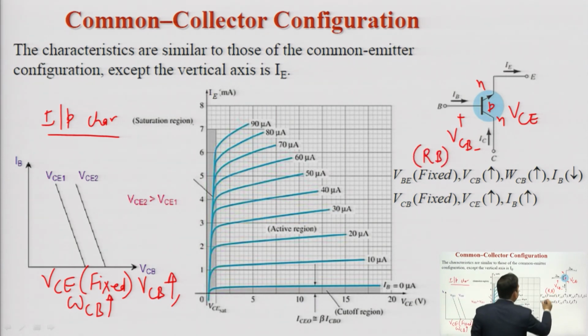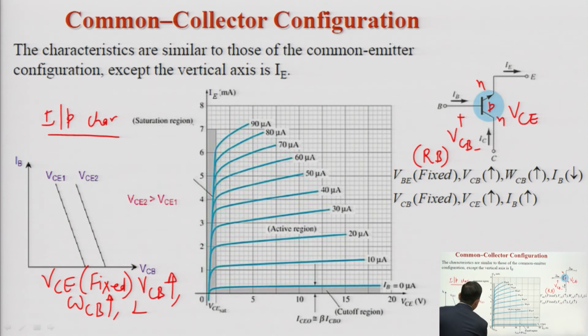If it is more reverse biased, then the width of the collector base junction increases. As a result, what is the effect on IB? IB decreases, the base current decreases. So, for a constant value of VCE, if we are increasing VCB, naturally IB decreases.